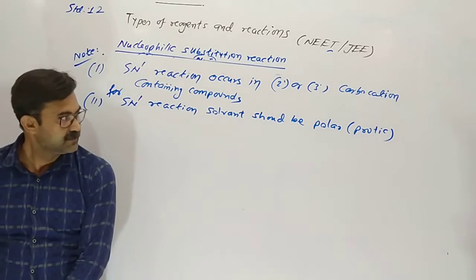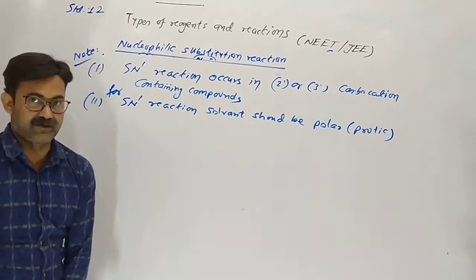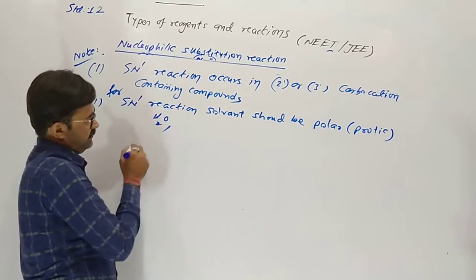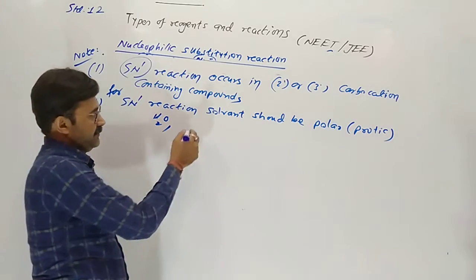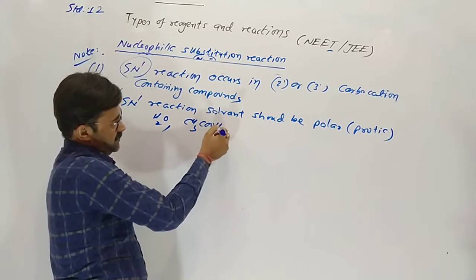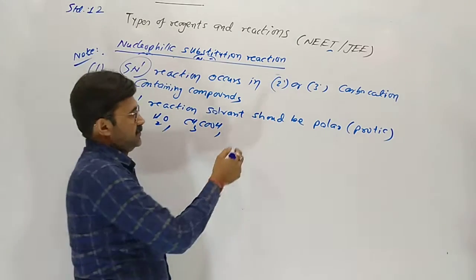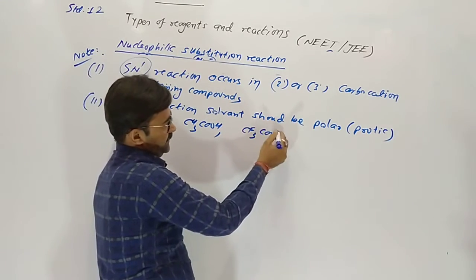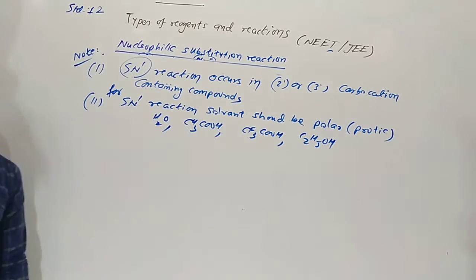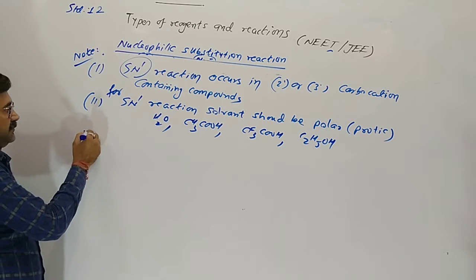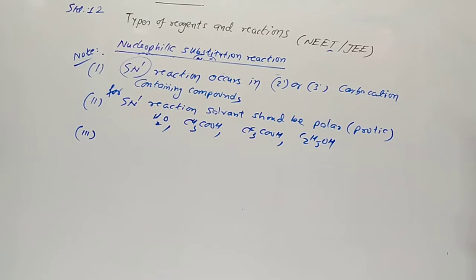Protic means which gives H plus ion, like water. So it gives SN1 in the presence of water, in the presence of acetic acid, trifluoroacetic acid, and ethanol, which are protic solvents.